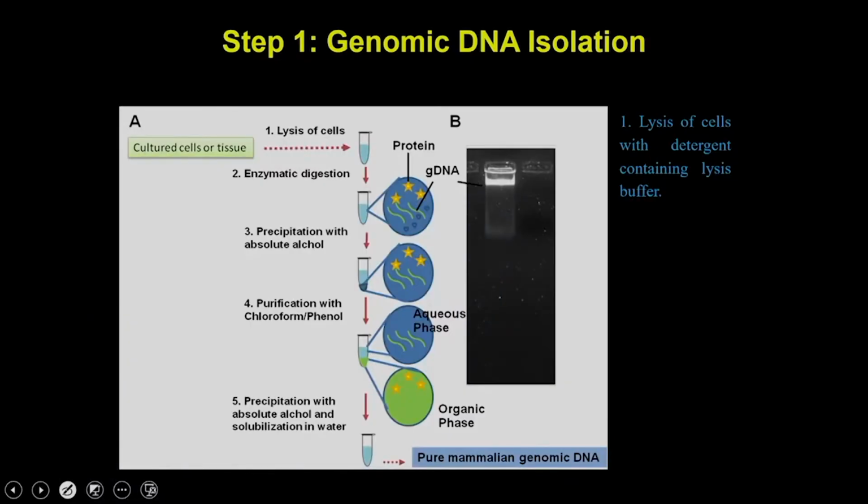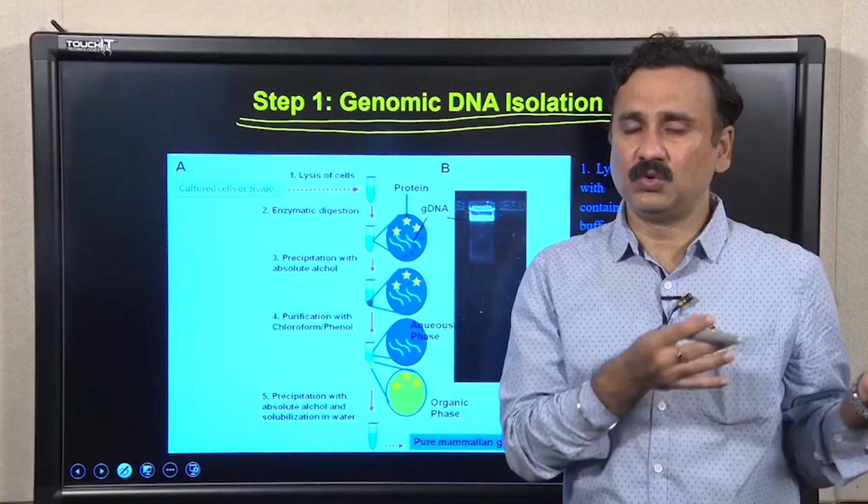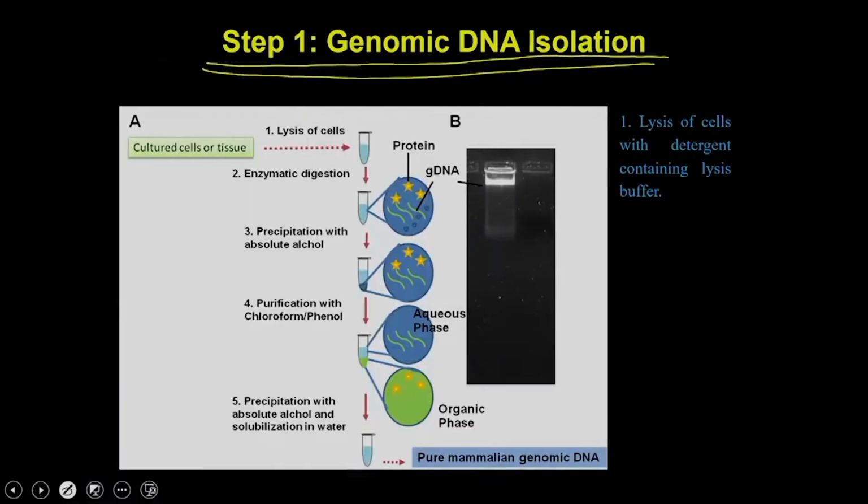So, in step 1 you have to do the genomic DNA isolation. When you want to do a genomic DNA isolation, you will do it either from cells or from tissue. Irrespective of whether you are doing it from tissue or cells, the first step is that you are going to lyse the cells, or in this case if you have a tissue, you do the homogenization, and following the homogenization you get the individual cells, and then the individual cells have to be incubated with the lysis buffer.